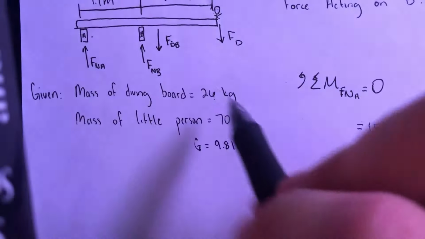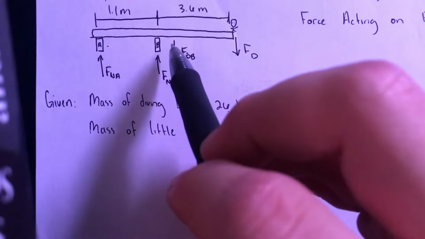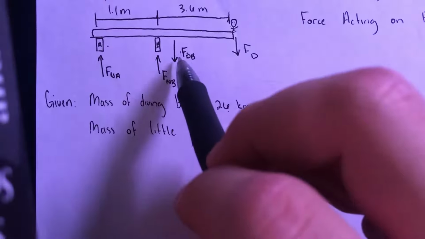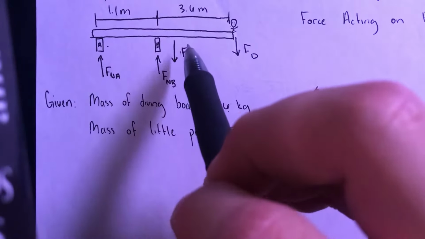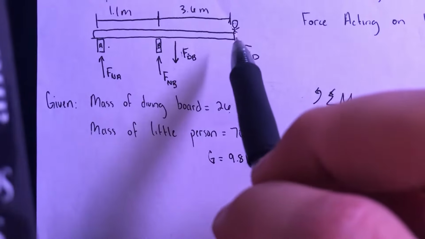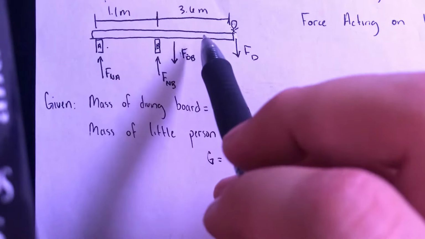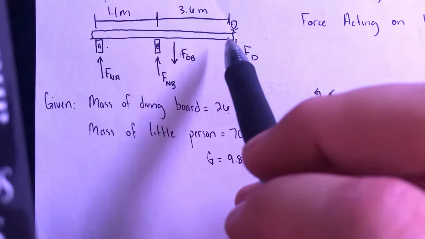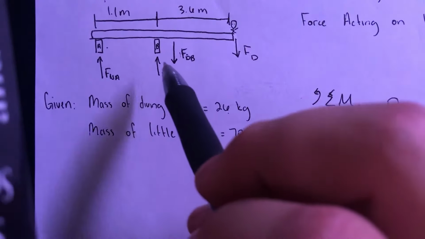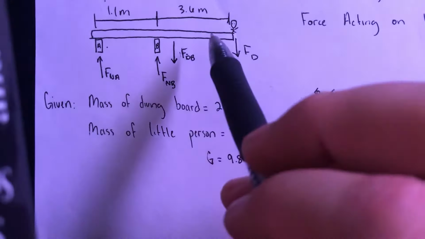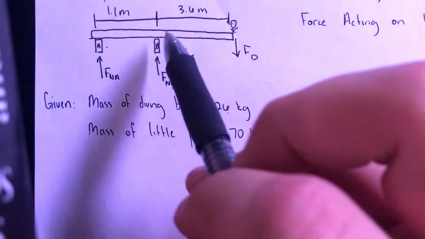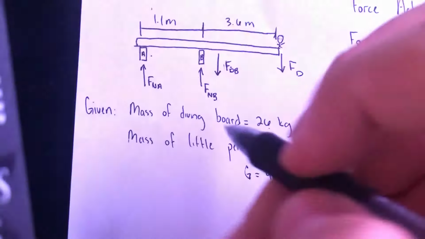Okay, so we'll take the weight times gravity multiplied by the distance at which this occurs. The force of the diving board is half of the total length. Since the total length of the diving board is 4.7 meters, the force acting on it, which is at the center, is going to be at 2.35 meters, which is where that's at.